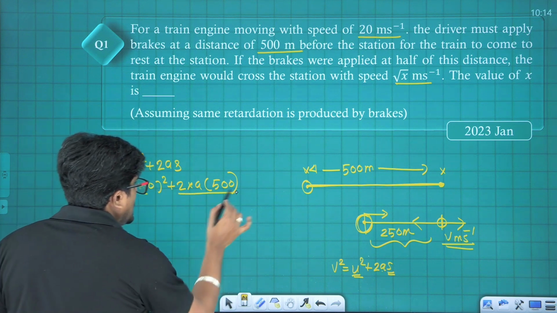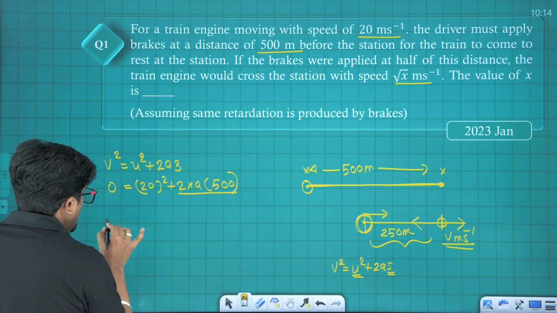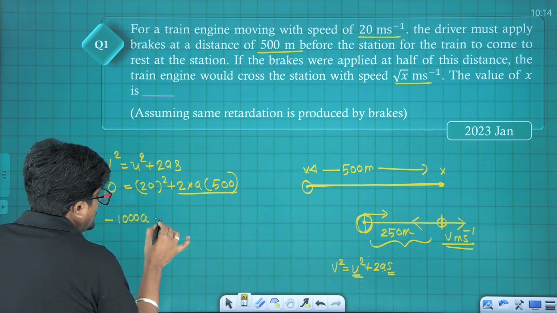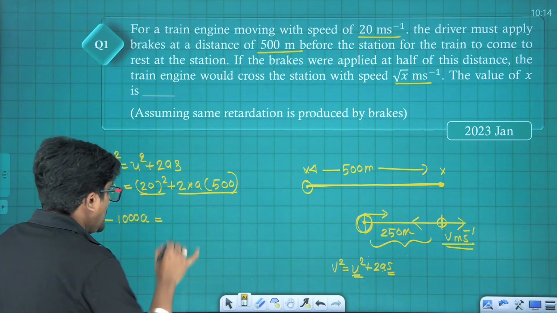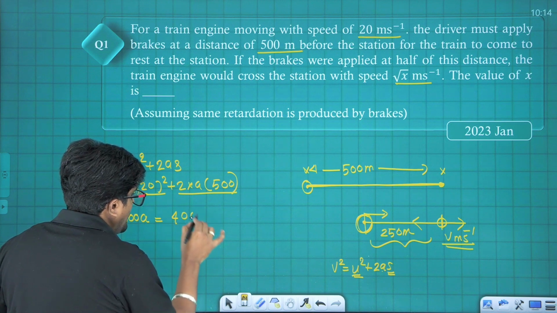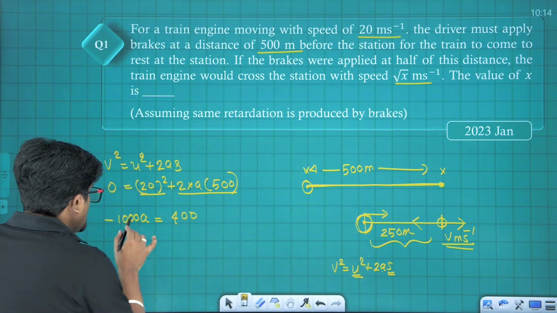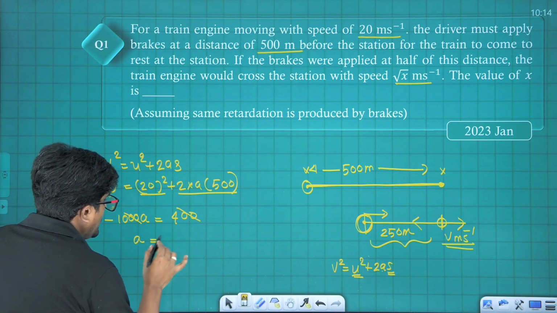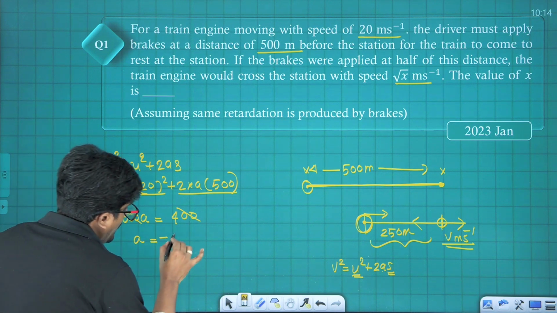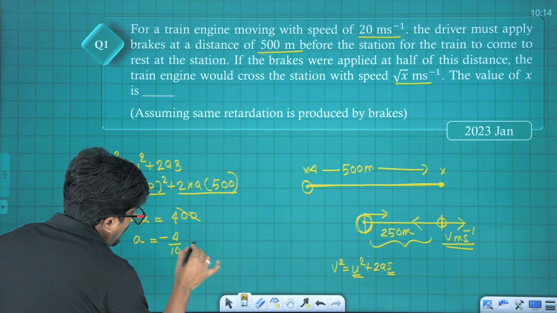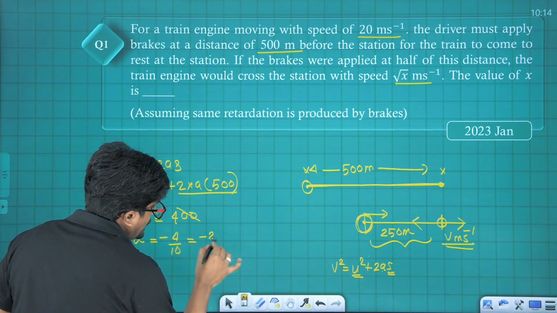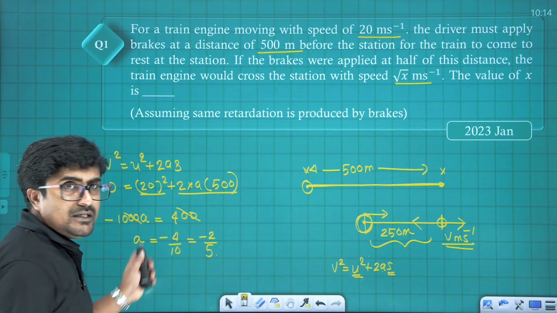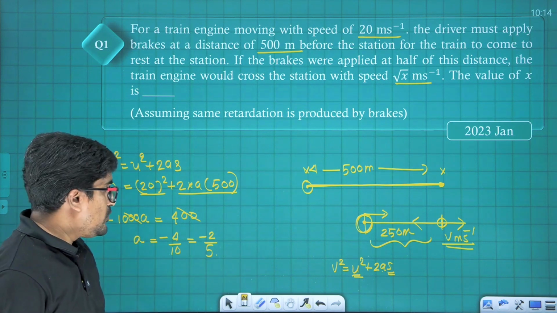So this is 1000, and it comes to the left: minus 1000 into a, equal to 400. Of course this one and this one will cancel each other. Acceleration a is going to be minus 4 by 10, or this can also be written as minus 2 by 5. So now we got the value of the negative acceleration, that is 2 by 5.